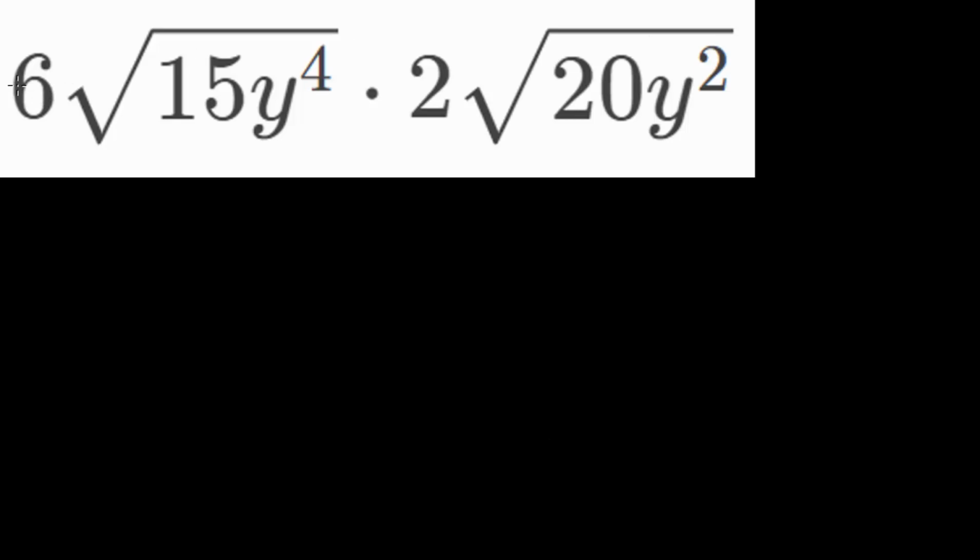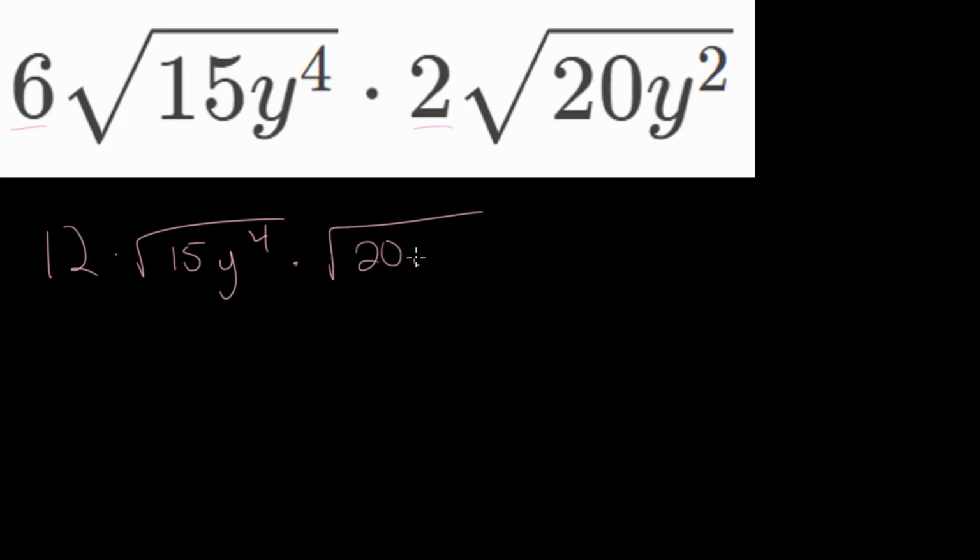We can start by looking at the coefficients on these radical expressions. Since we're multiplying all of these together, remember with multiplication, you can rearrange the order without changing the final product. So we can do 6 times 2, which is 12, and we can put that out front.